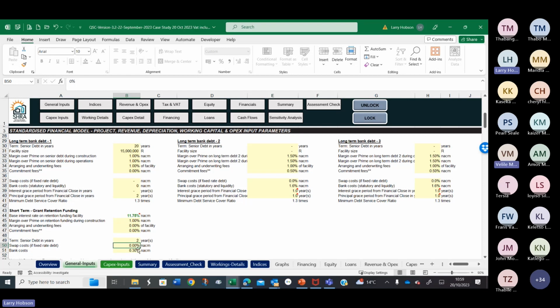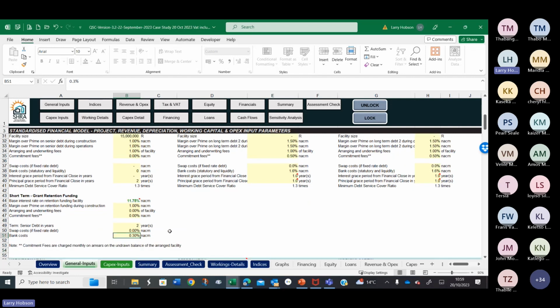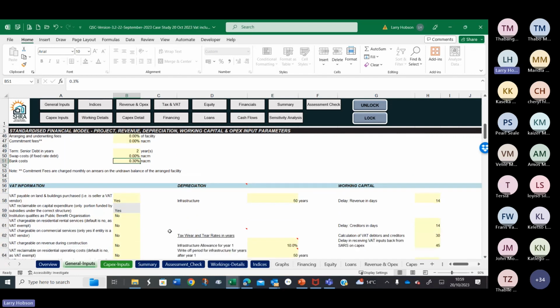No swap costs, and there's a 0.3% bank figure entered there. So this is basically like a revolving fund in your construction period, and you get the grant retention back at the end of the period, with a bit of an interest charge on it while it's in the system.